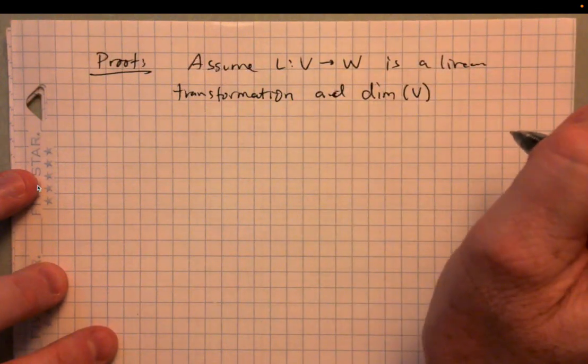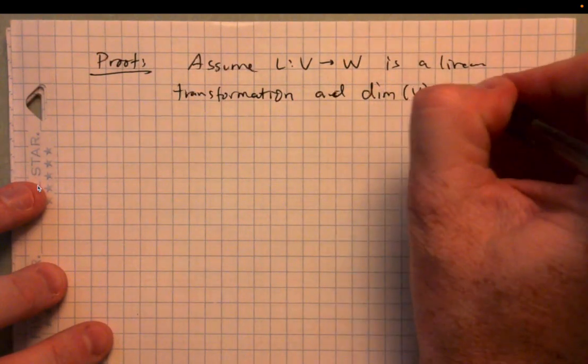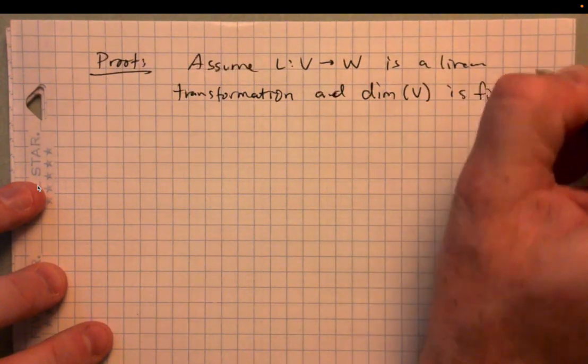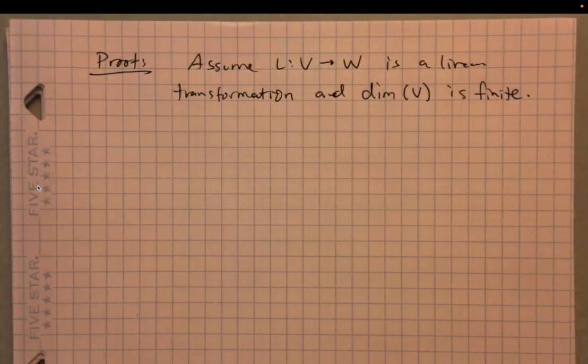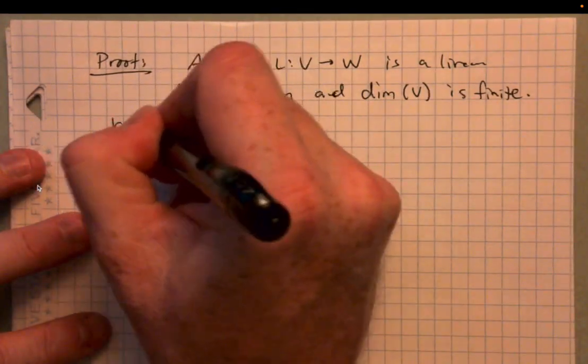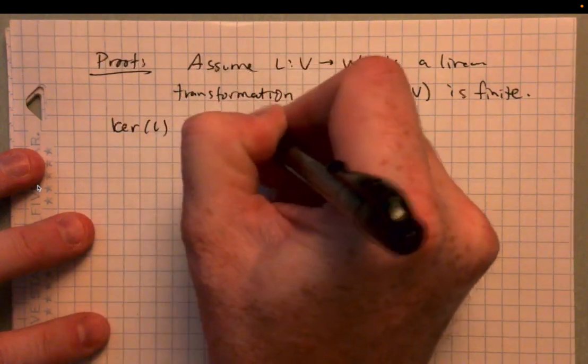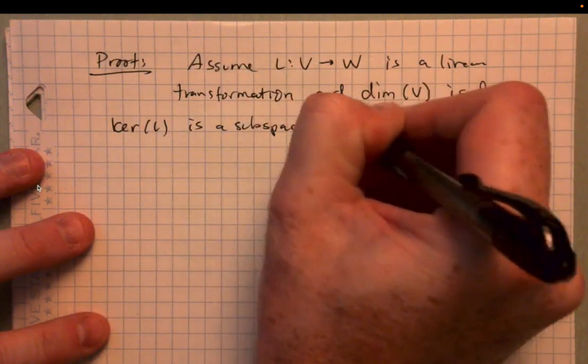Okay, so the dimension of V is finite. Okay. So we know that the kernel of L is a subspace of V. Right?